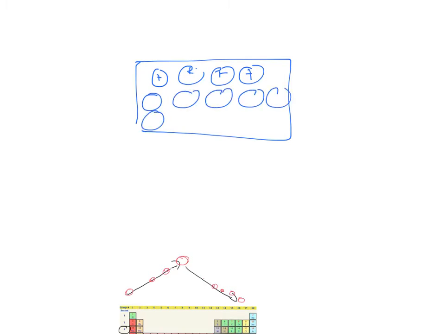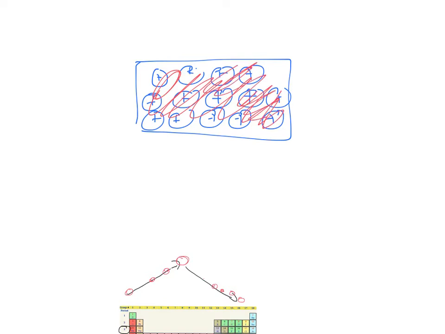Let's draw it real quick. It will only have one electron to donate to its metal bond. So it will only have one electron that will bond everything together. Magnesium will have 2, and aluminum will have three electrons.